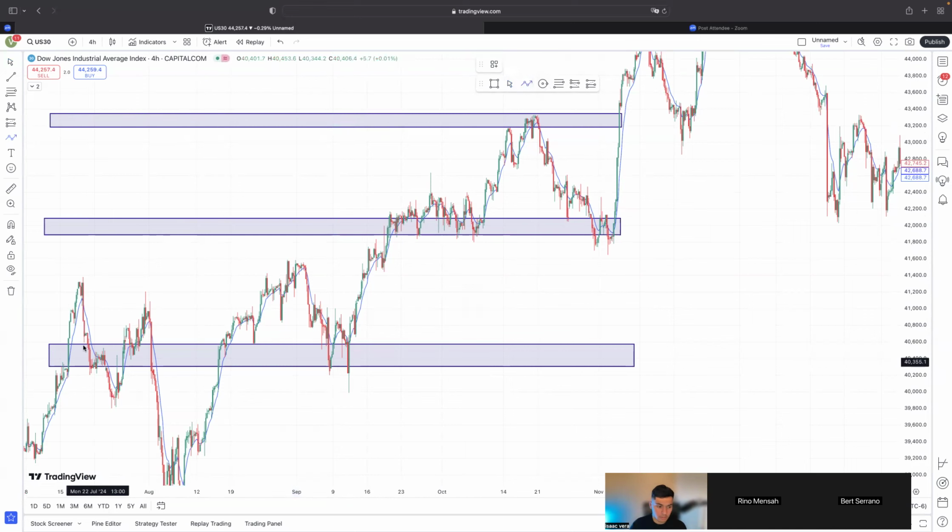Think about it like this. This is a home. This is the floor. Let's say you are bouncing a ball to the upside. What's going to happen when you bounce it to the upside? It's going to come to the downside, which happened right here, and right here as well. And then it broke support, it broke the floor, so it went all the way to the downside.